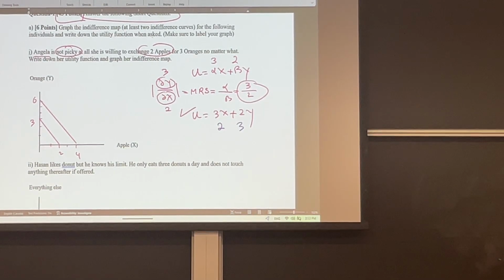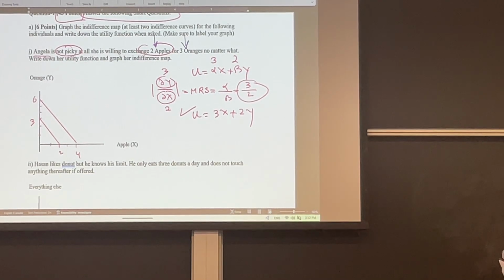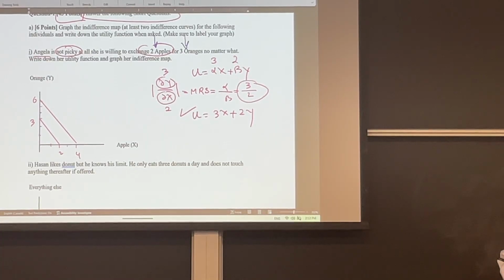You exchange 2 apples for 3 oranges, so it should be the other way around. You should like apple more than orange. The marginal utility of apple is 3. Marginal utility of orange is actually 2. So like apple 50% more than the orange. Right? Make sense? Okay. Anyway, that's the first one.